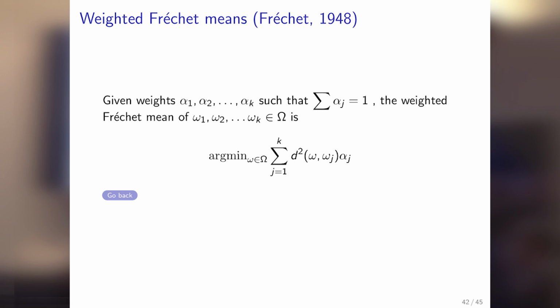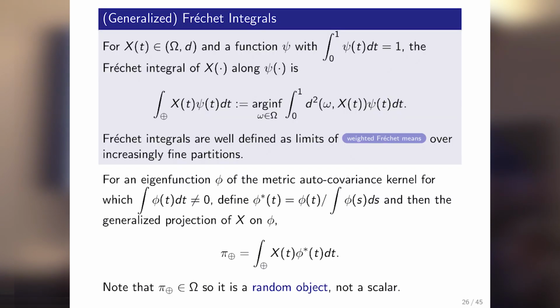So having looked at that, we now define the generalized projection of X_t on a function psi_t integrating to 1 to be the minimizer of the criterion we see there, which we'll refer to as the Fréchet function, this criterion here.